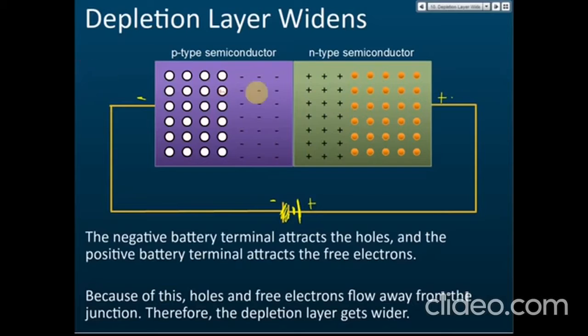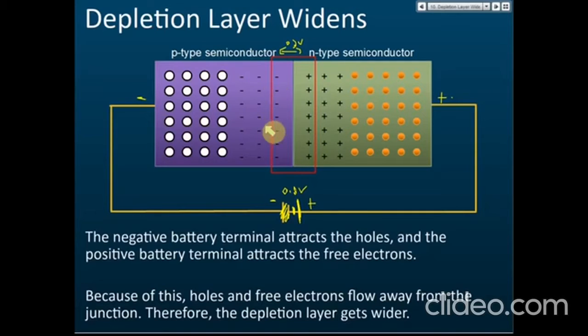Just now the depletion layer was only here, and the barrier voltage was 0.3 volt. But let's say this is 0.8 volt. Then this 0.8 volt will pull the electrons to the right, and the electrons will fill the holes.